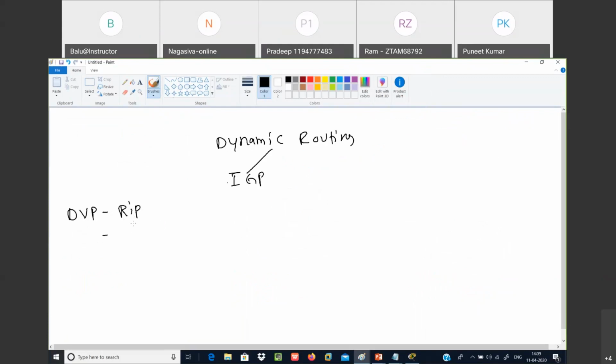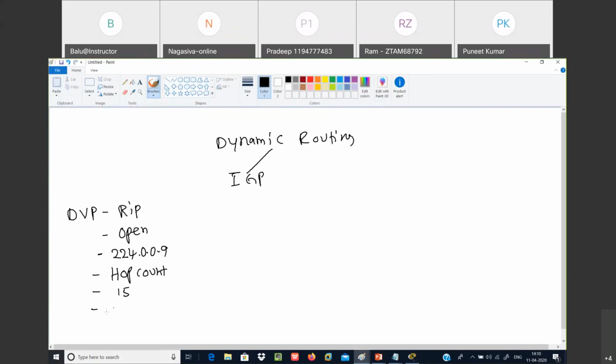Now, RIP is an open standard, and RIP sends multicast messages by using which IP address, guys? 224.0.0.9. Okay, and the metric of RIP, how RIP finds the best path. The metric of RIP is based upon what? Hop count. So what is the maximum hop count? The maximum hop count is 15.